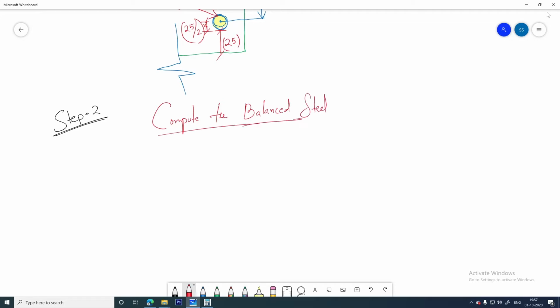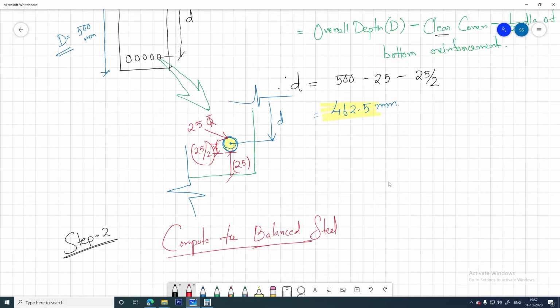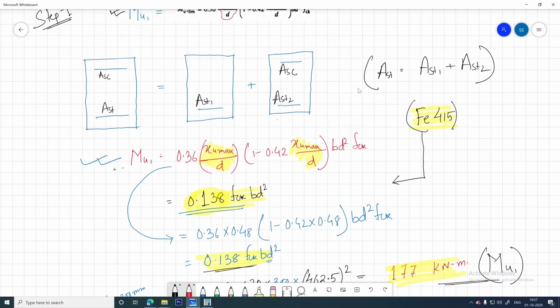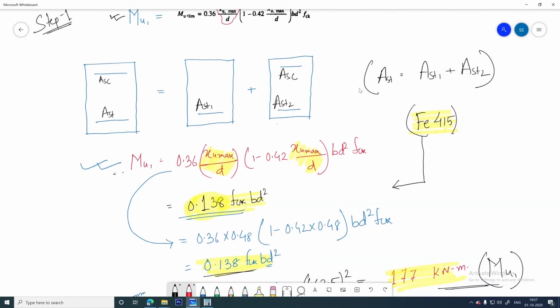Balanced steel means what? I have told you previously that the doubly reinforced beam section can be split into two parts. One is this one and another one is this one. Now when you consider it as a singly reinforced beam, this one is doubly, right?